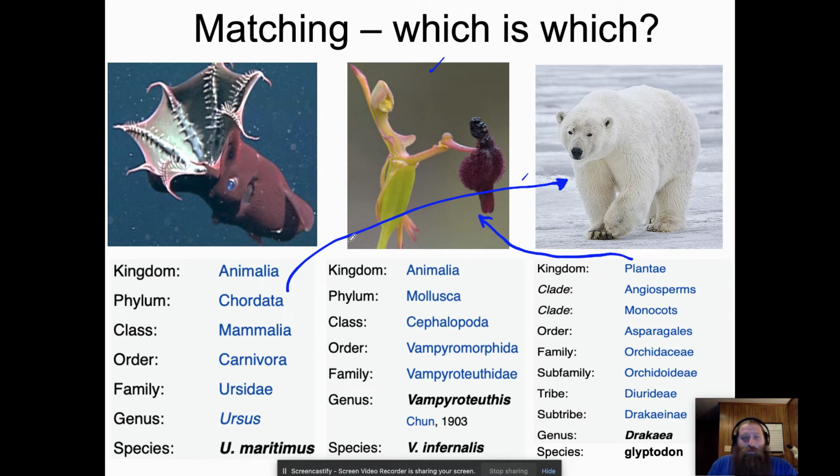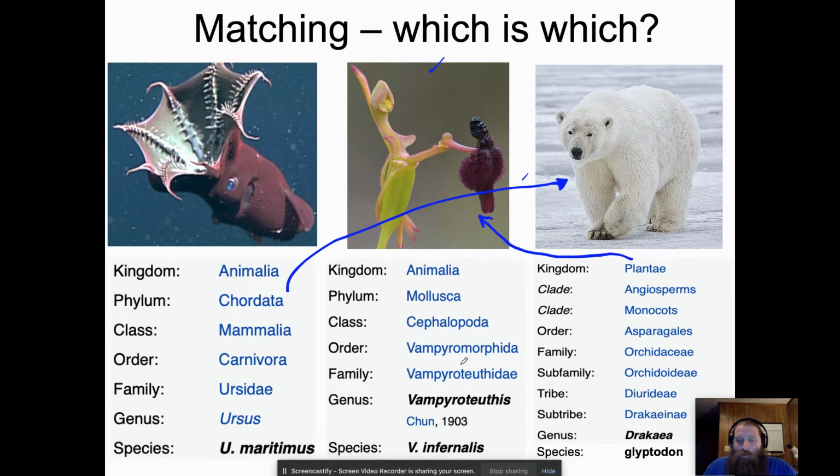And then, obviously, this middle one goes to the squid, or the octopus, whatever it is. We have an animal, true. Mollusca, like a mollusk, all right. Cephalopoda, so a cephalopod, which cephala means head, pod means foot, so the head foot, right, because they don't really have bodies.